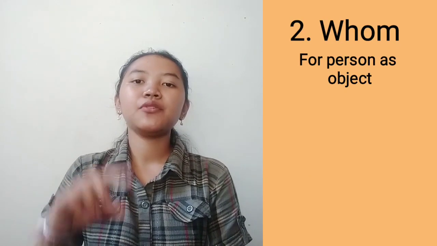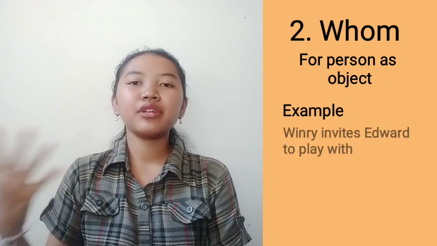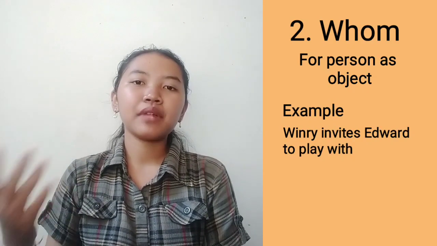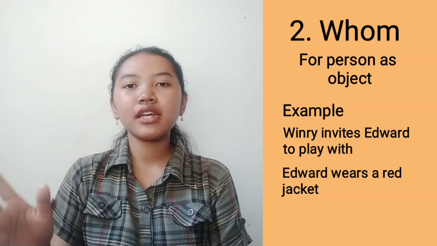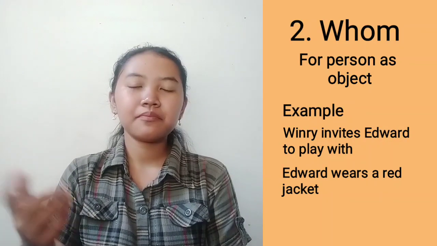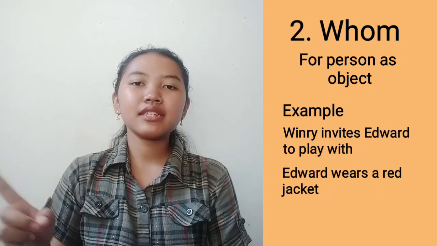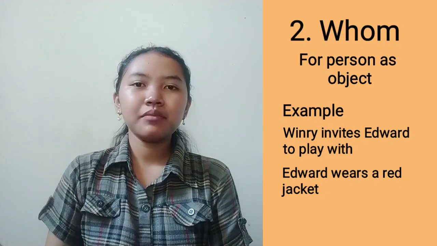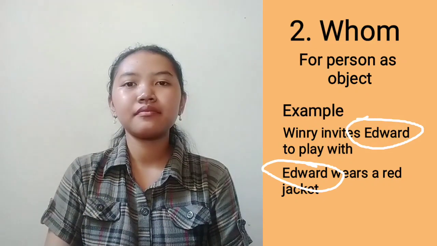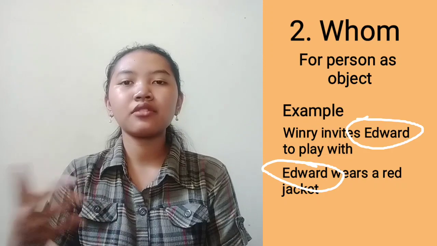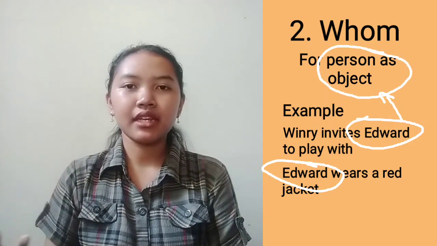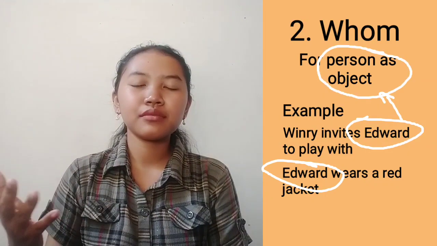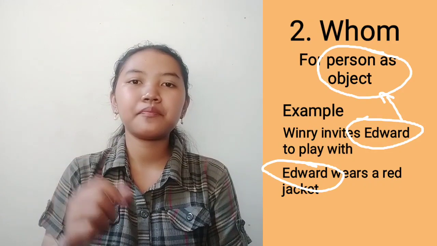The second is whom. Whom is used for a person as object. For example, Willie invites Edward to play with. Edward wears a red jacket. These sentences mention the same noun that is Edward. In the first sentence, Edward is a person as object, so we use whom to combine these sentences.